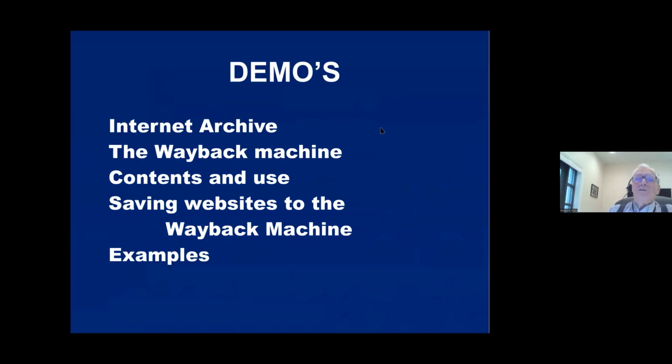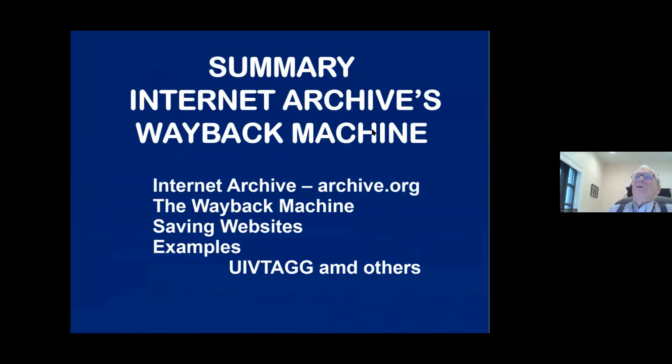Okay, we've looked at all these demos of different sorts of things, and so here's a summary of what we've done. We talked about the Internet Archive and the Wayback Machine on it. We looked at the Internet Archive itself, and remember the URL, archive.org, is easy to remember.